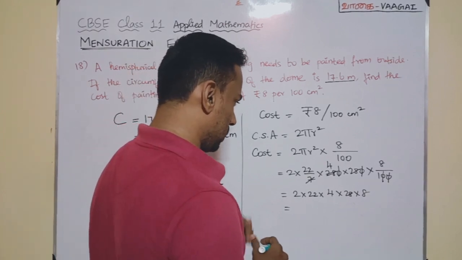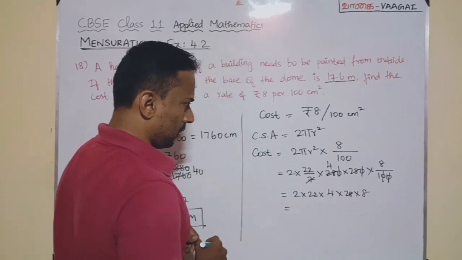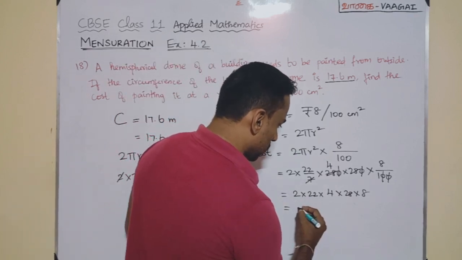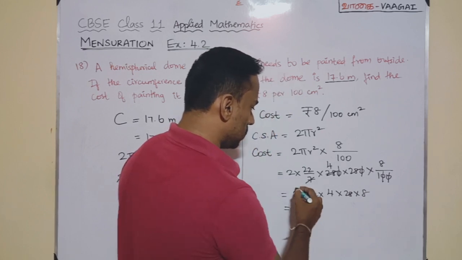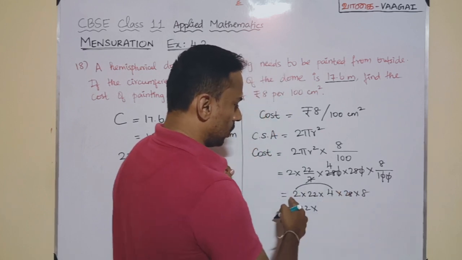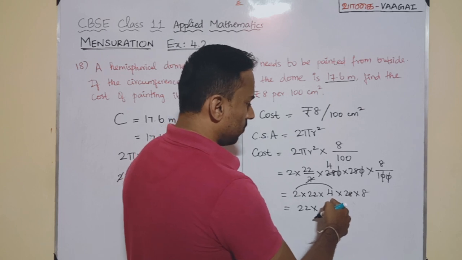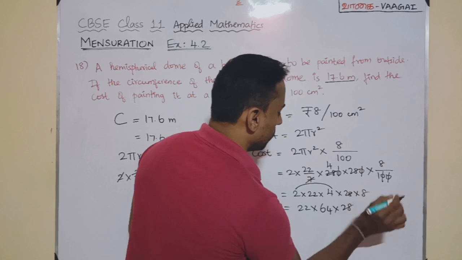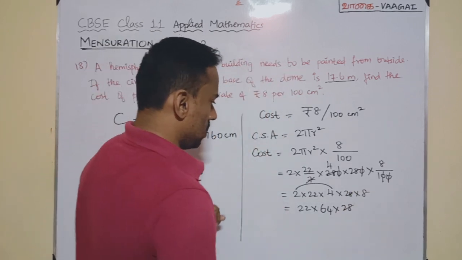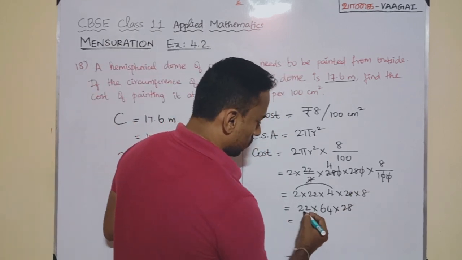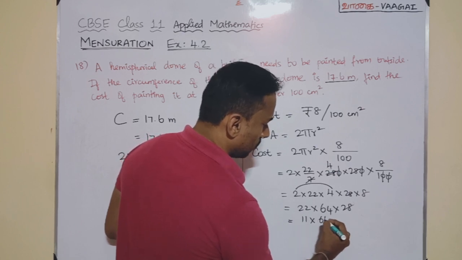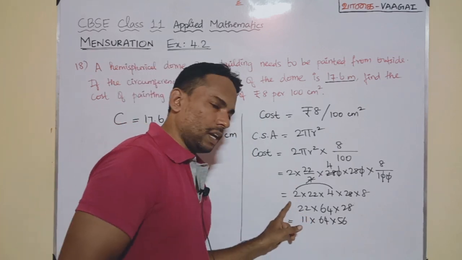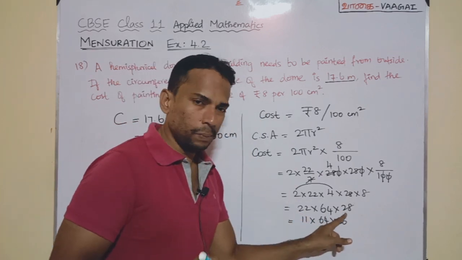First I take 22 into, 2 4s are 8, then 8 8s are 64, into 28. Now I will take 22 as 11 into this 64, keeping it as it is, and make this 28 into 56. I'm halving 22 to 11 and doubling 28 to 56.